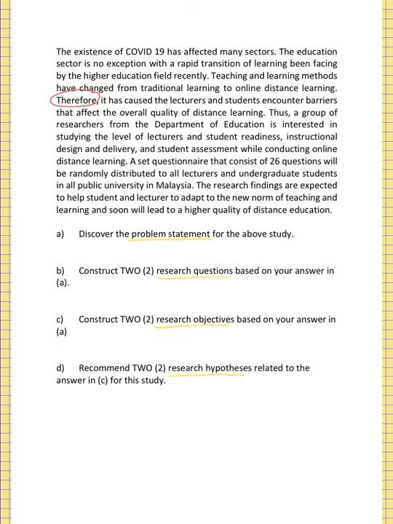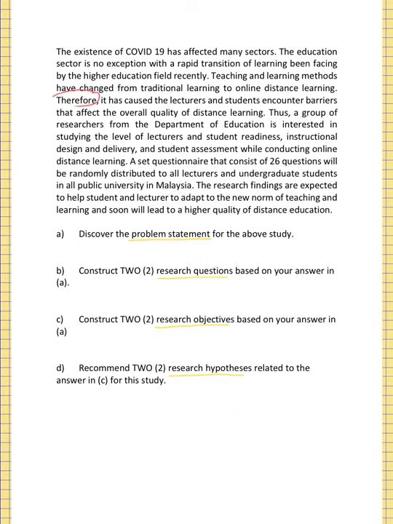Okay, first, we want to identify what the problem statement is for the above study. Let's take a look at this sentence first here, before the sentence therefore. So what is the problem for this statement? Look at the first statement.